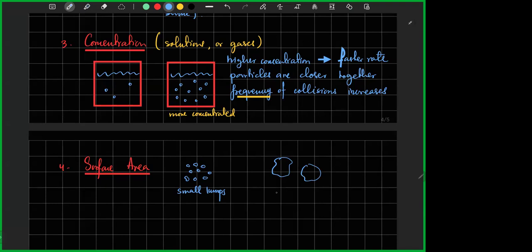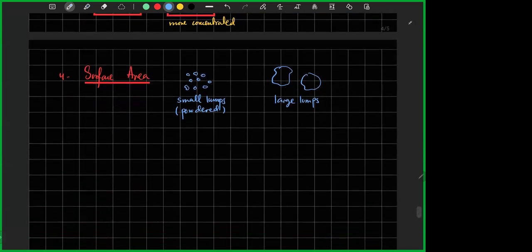This one is powdered. So remember, powdered has more surface area. This one has more surface area, and this one has less surface area.